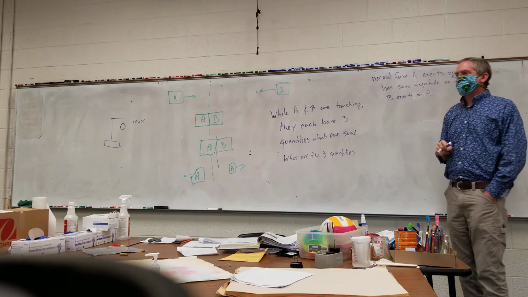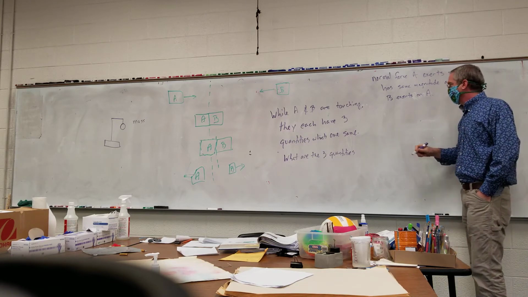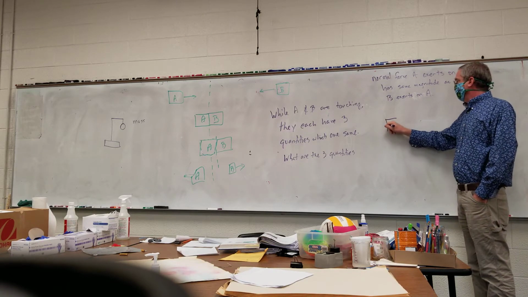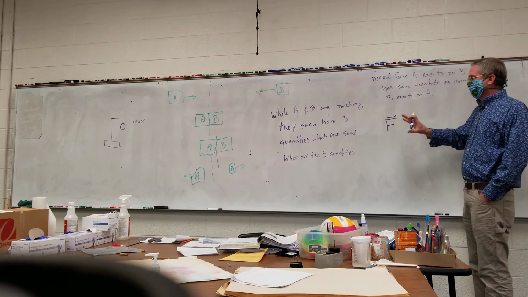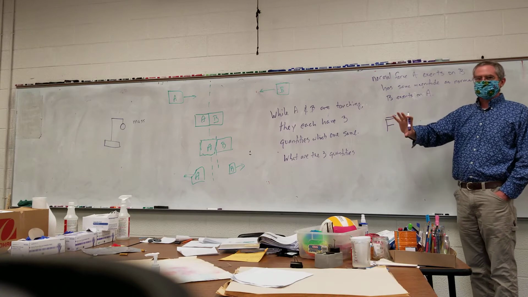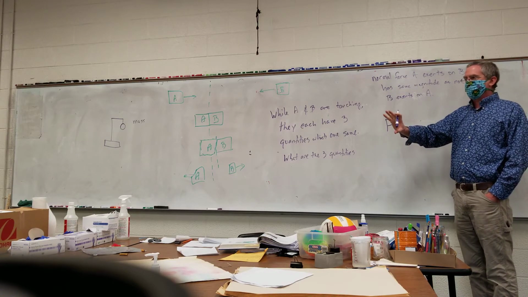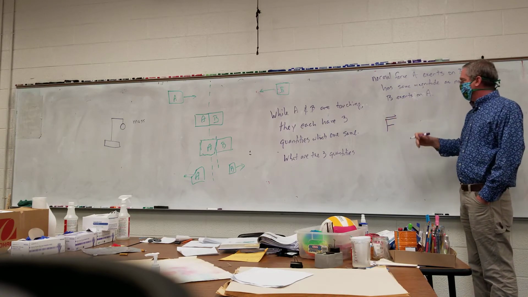Okay. So here's the shorthand notation. And this actually works for any interaction. In this scenario it's a normal force, but it actually works for any other forces that happen to be involved between two objects.